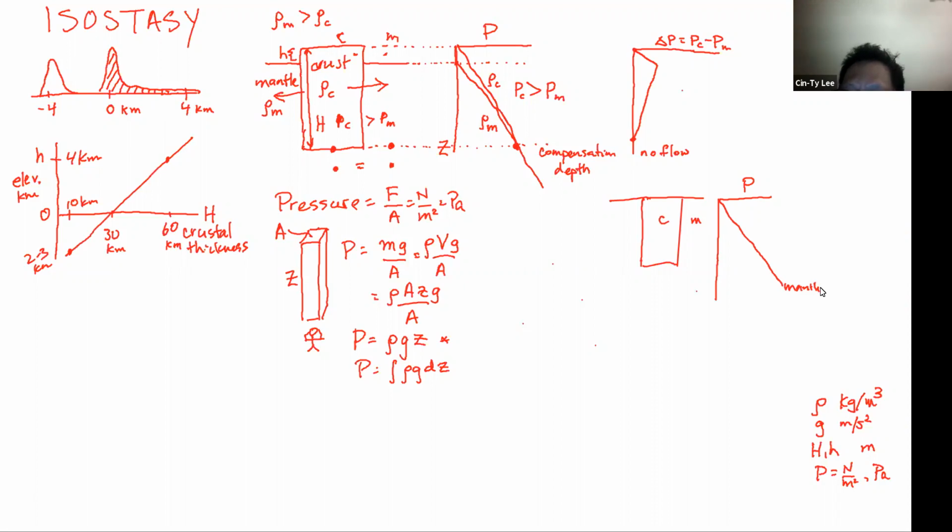a steep one, but the crust would actually, because it's lower density, go off on a lower slope up to the base, and then at the base, it would become parallel to that mantle.